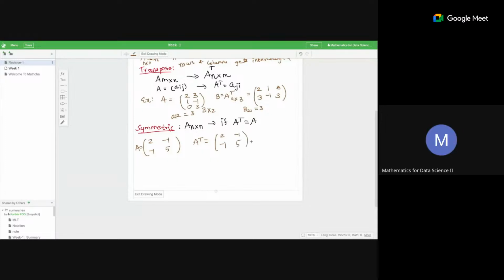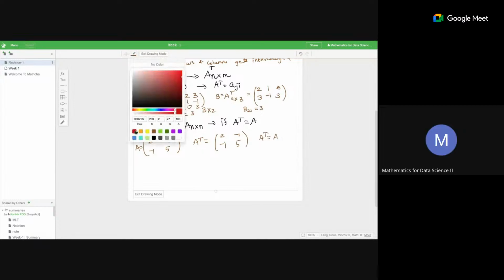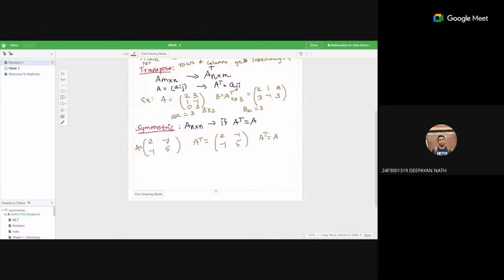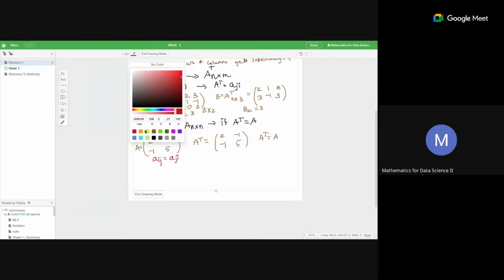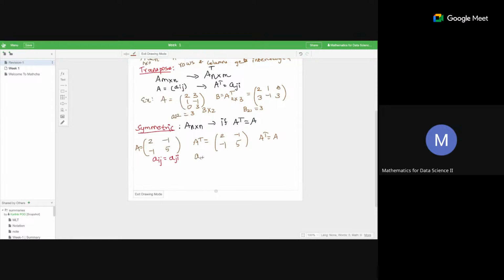You see that A transpose is equal to A. Now what is the other property you notice between these entries? Aij is equal to Aji. A12 is equal to A21 in this scenario. You see that A12 and A21 are the same.